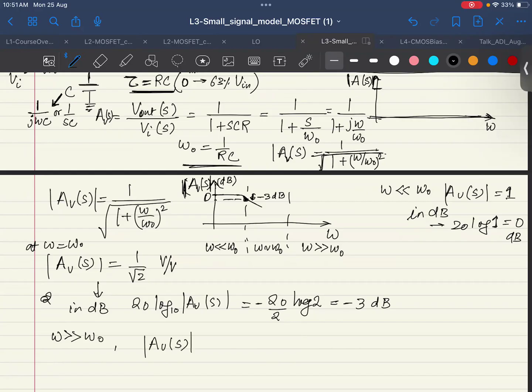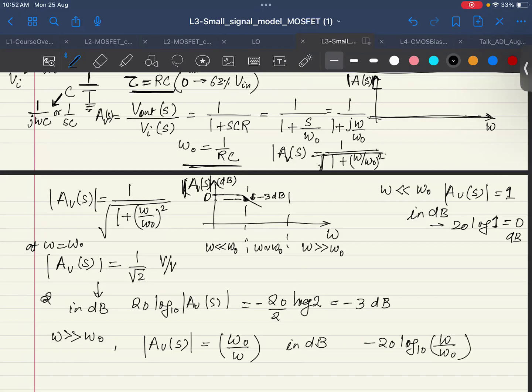This is just to refresh these concepts because they are necessary. You can see that AVS would be omega naught divided by omega, right? That is all. And if I write in dB, this would be minus 20 log 10 omega by omega naught, right?